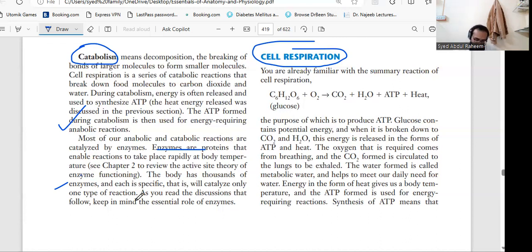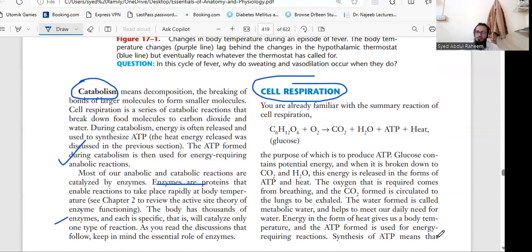So let's discuss cell respiration. Basically, you already studied a bit about cell respiration in basic chapters. So we have glucose. What does the cell require? The cell needs glucose and oxygen. With the help of both, the cell produces ATP, energy and heat.